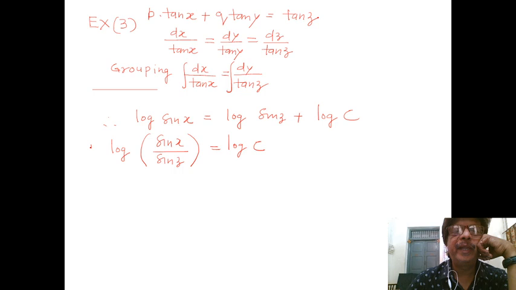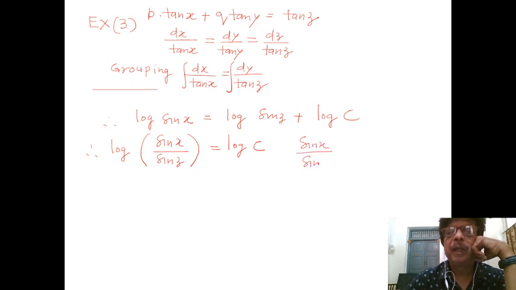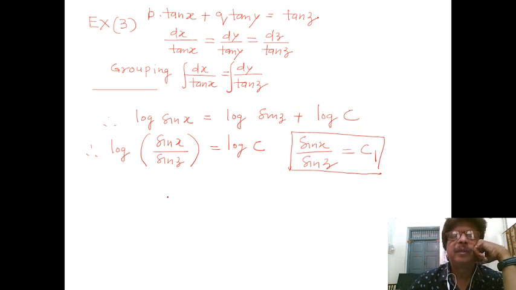Or after equating this, sin x upon sin y is equal to c1. Log of a equal to log of b means a and b are equal. This sin x upon sin y is equal to c1, replacing c by c1. Now, after grouping this, I have got this solution.